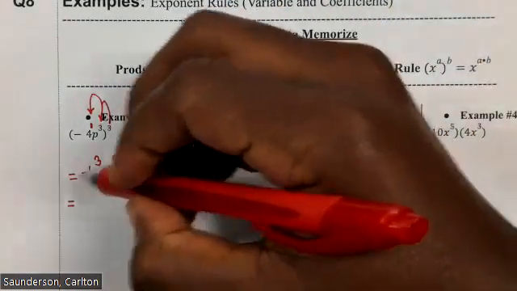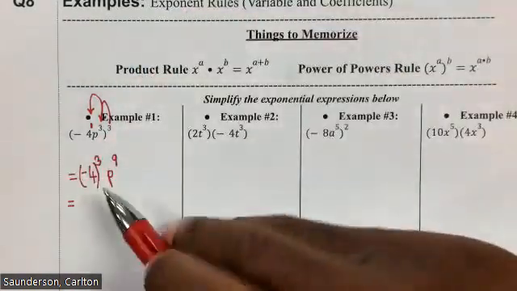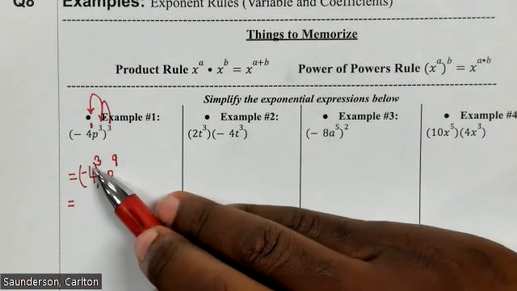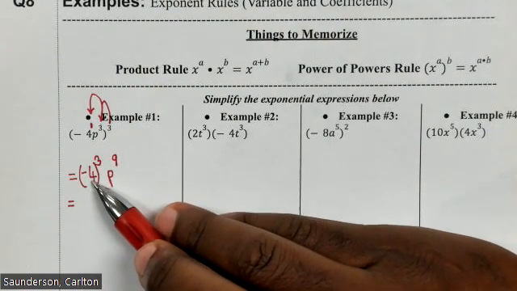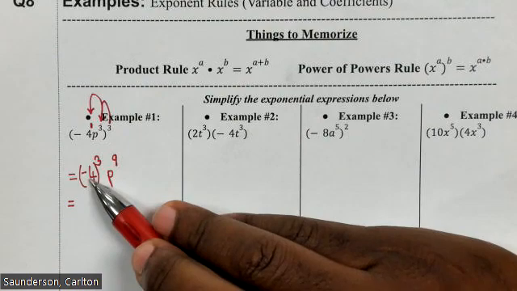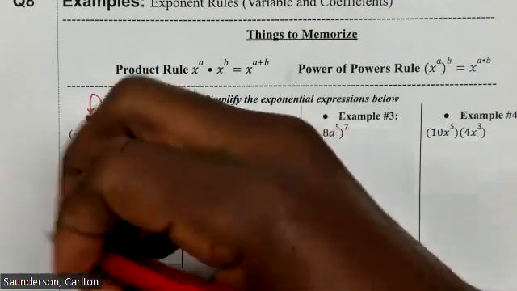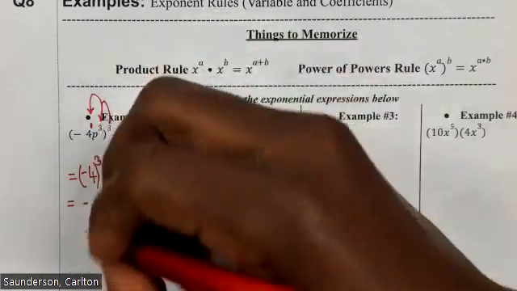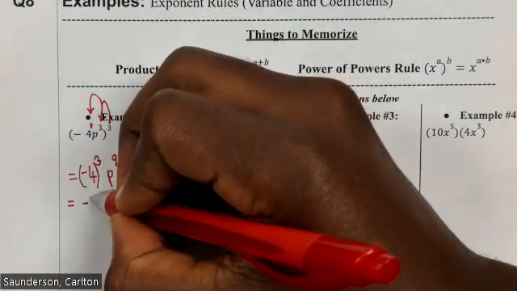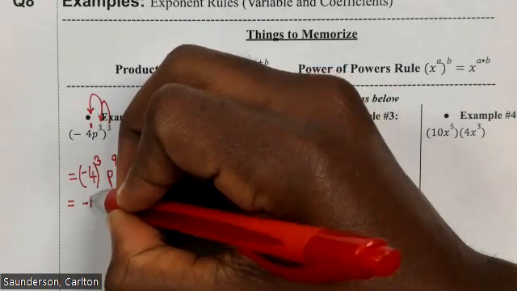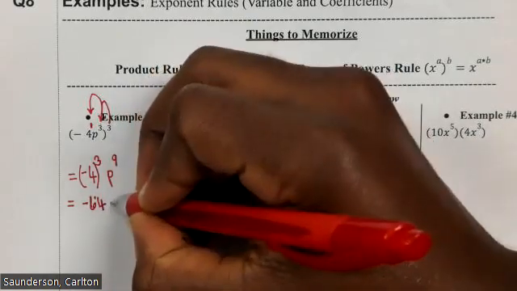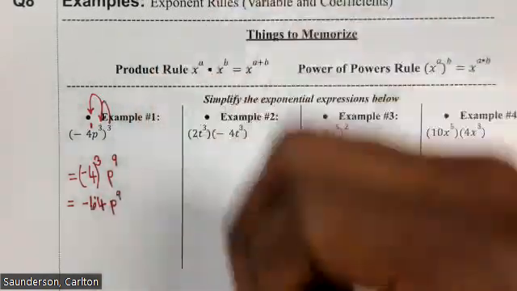You would put it like this in your calculator, because if you put it otherwise, you will not get the correct answer. So parentheses -4 to the third power. That's how you should put it in your calculator. And you will get negative 64. Then the P to the 9th, you bring it down.